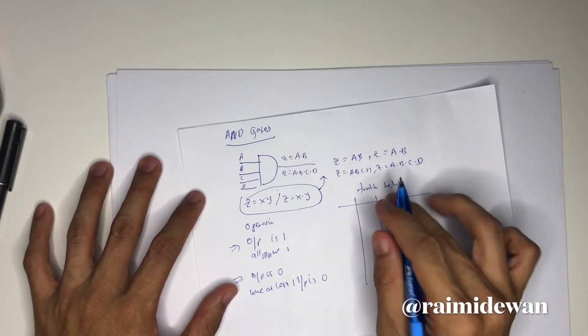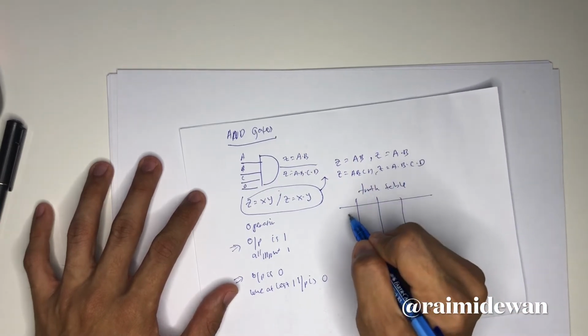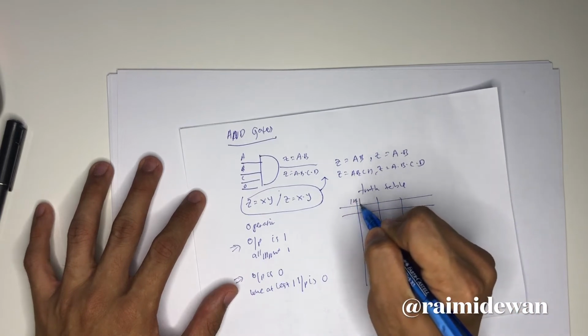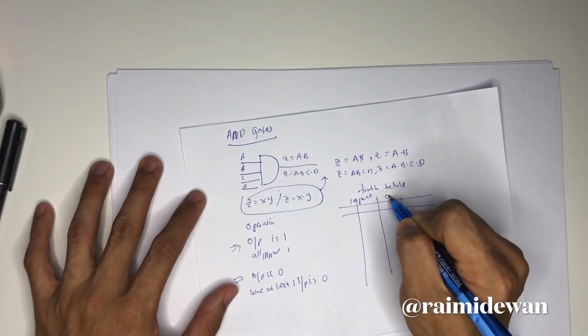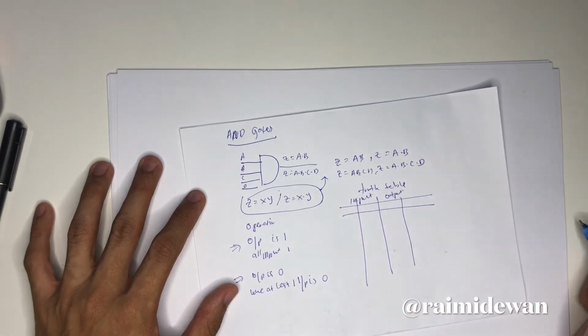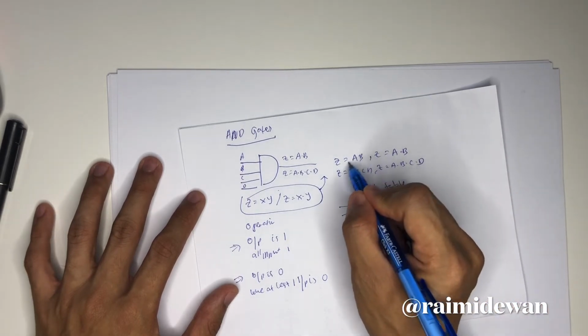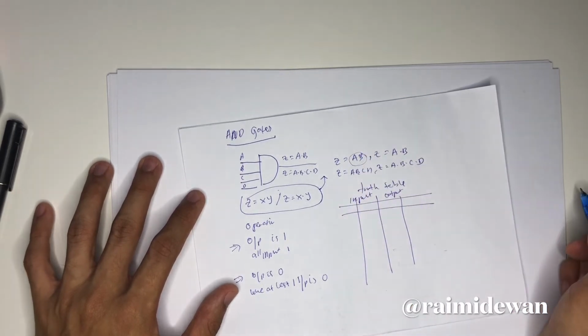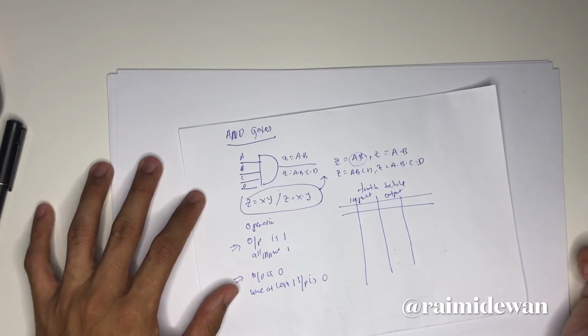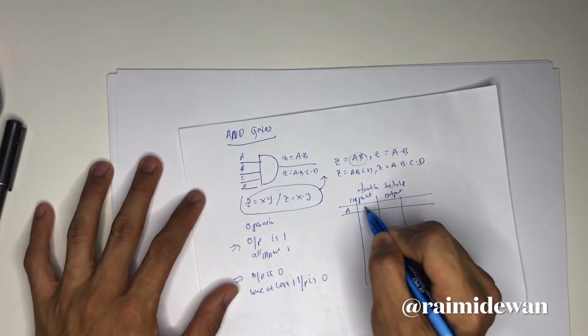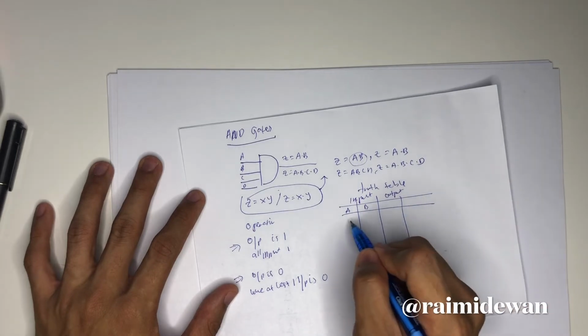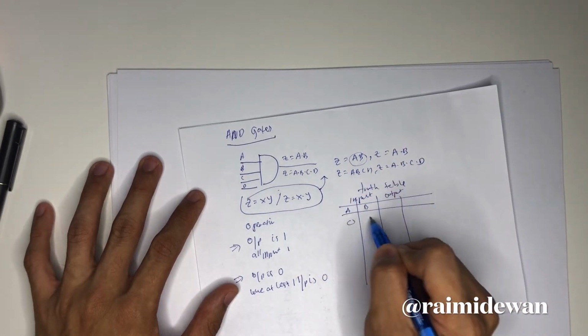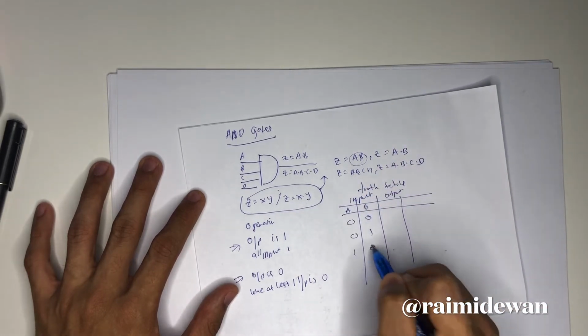In the truth table you should have inputs and you should have one output. In the case of two inputs, you can have A B, then you carry out 0 0, 0 1, 1 0, 1 1.